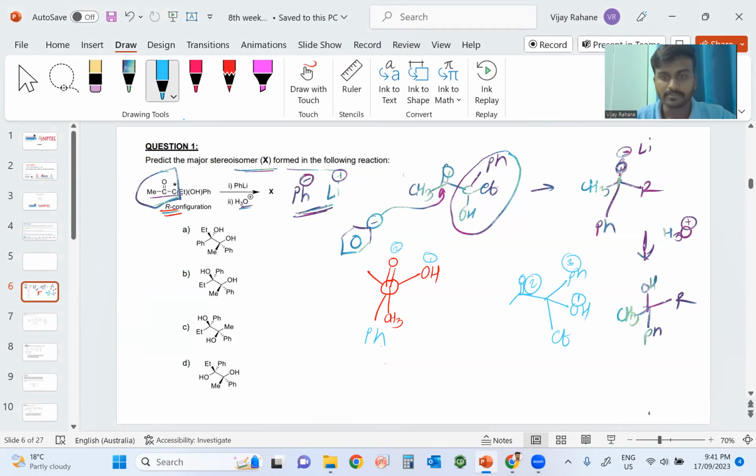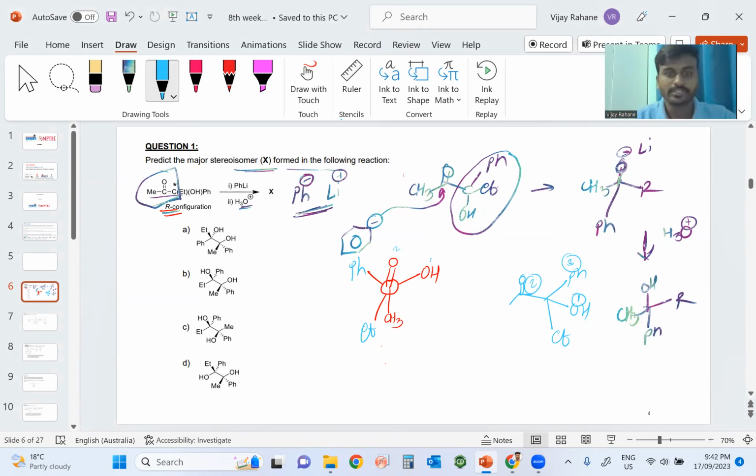So one, two, three. This is S configuration, anticlockwise. So we just alter the groups to get the structure with the R configuration. I will draw Ph here instead of there, and the ethyl group will be here. This is how we can write the structure.